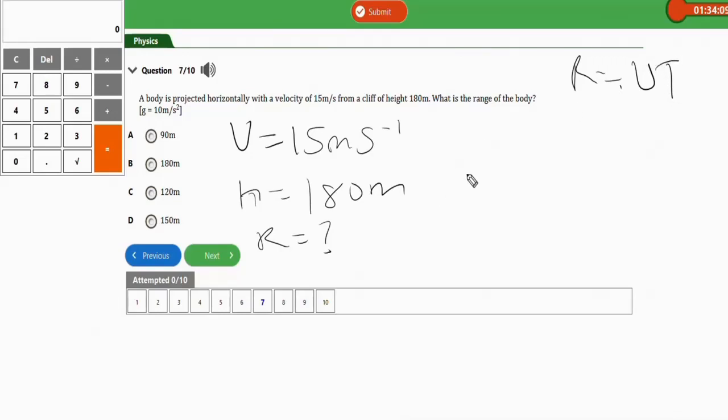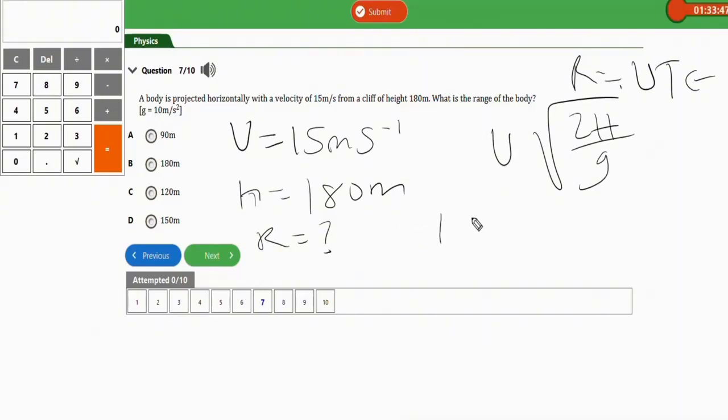Now one of the formulas for time of flight when height is given is the square root of 2h over g. So basically to solve this question from this relationship, all you need to do is to multiply this with the initial velocity.